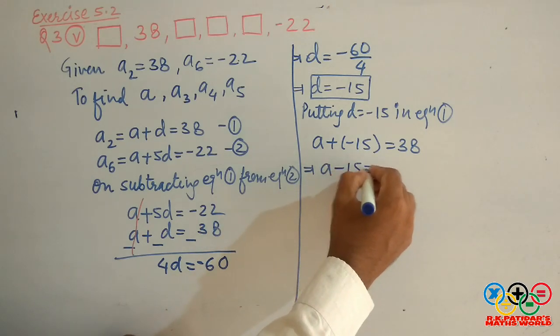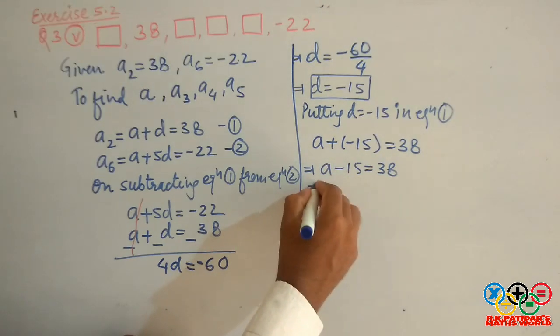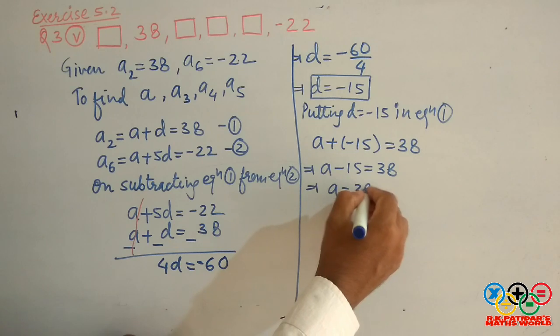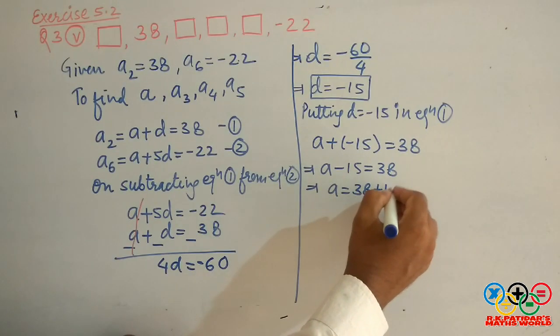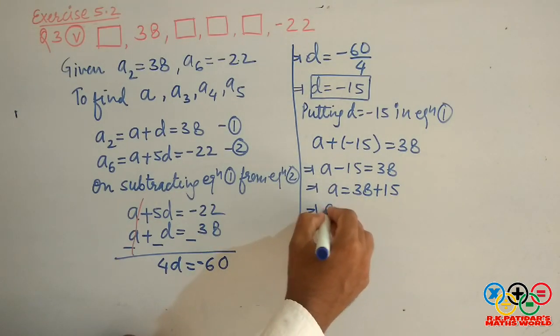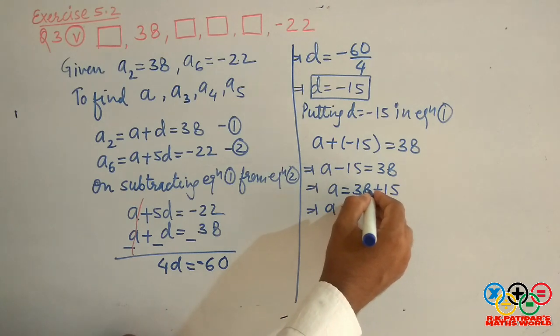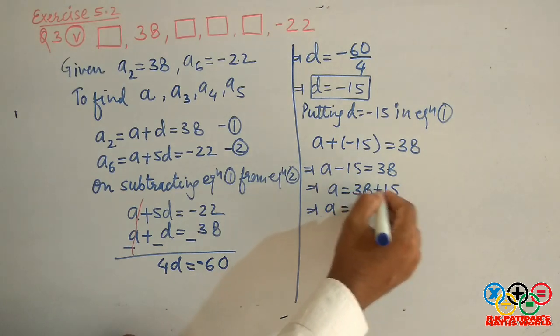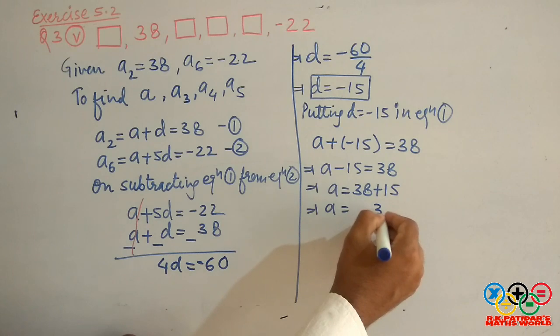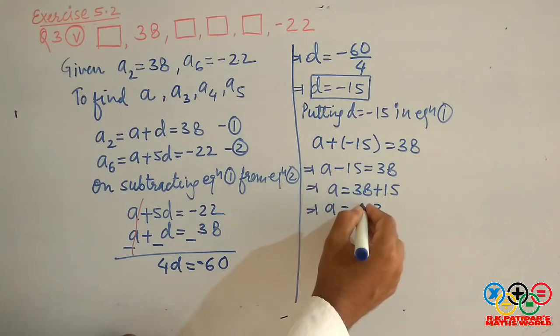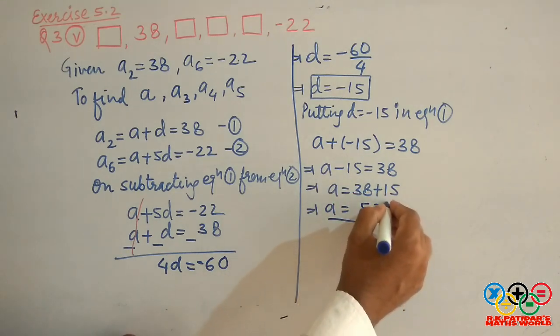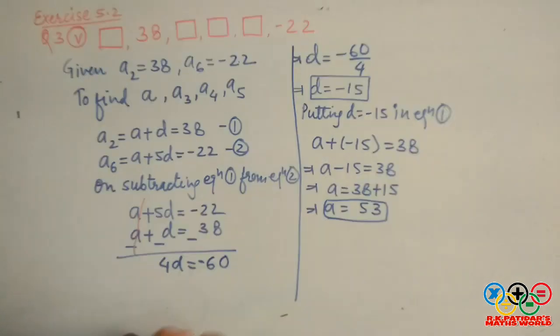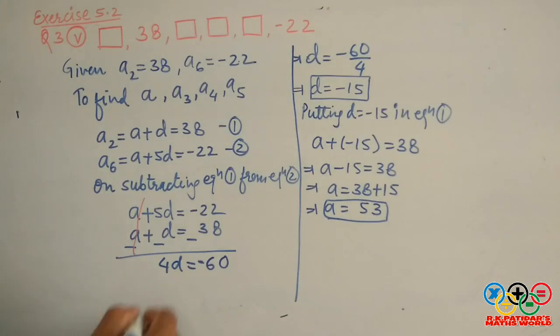So it is plus minus minus, minus 15 is equal to 38. So A is equal to 38, a minus will become plus. So A is equal to 38 plus 15. So 8 and 5, 13 and 4 and 1, 5, 53. So the first term is what? 53.